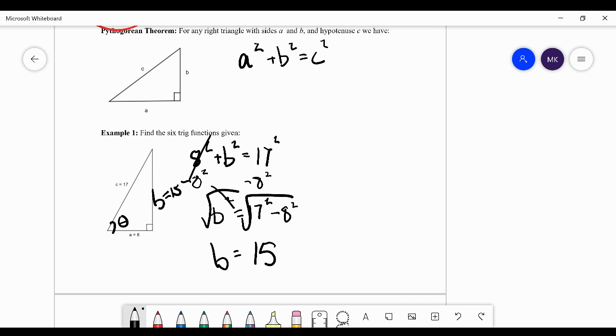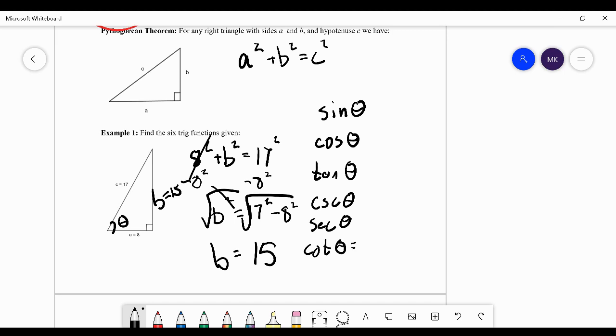And so we have our sine theta, cosine theta, tangent theta, cosecant theta, secant theta, and cotangent theta.